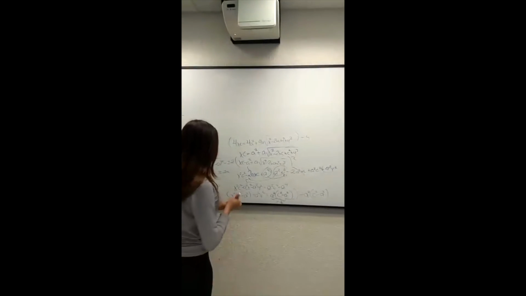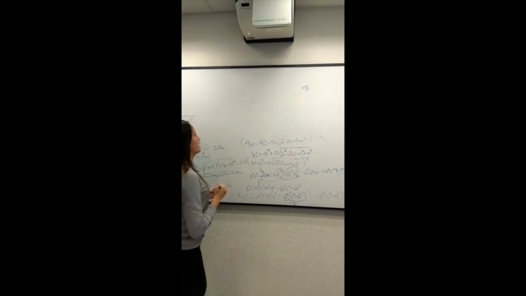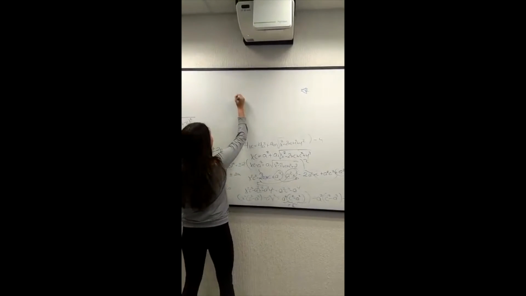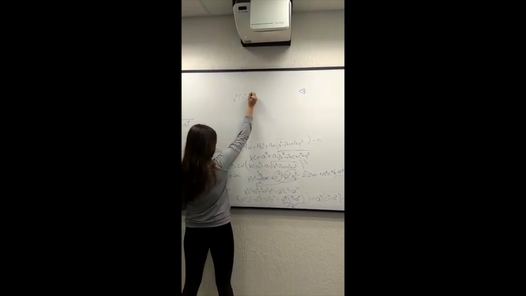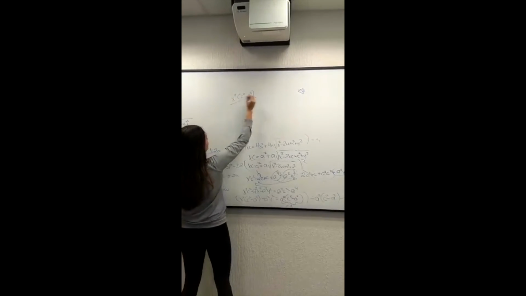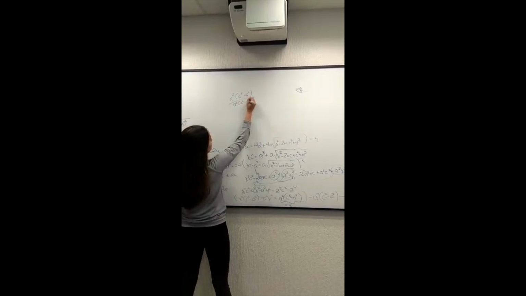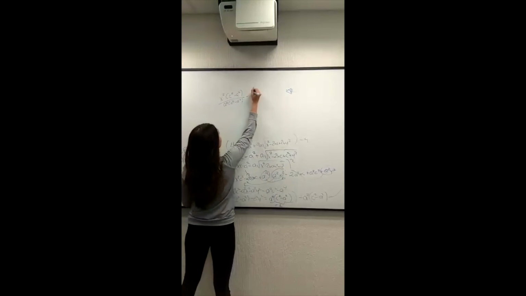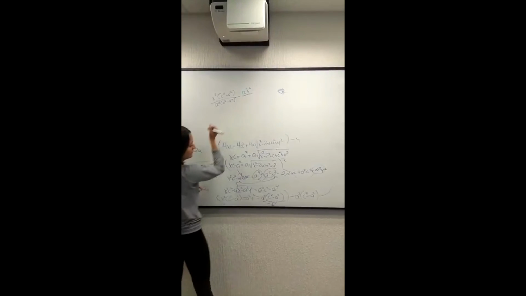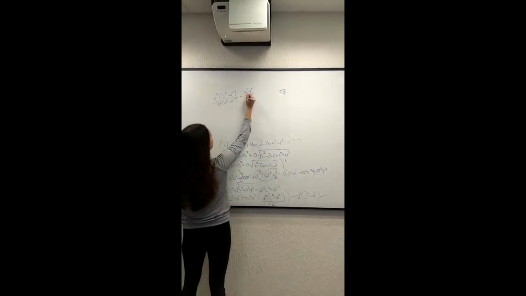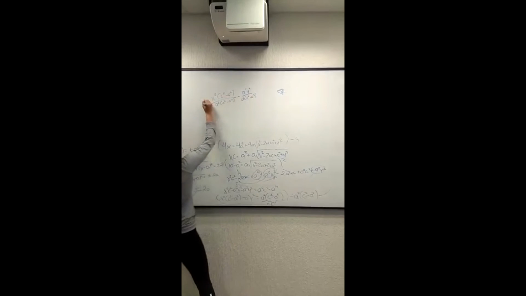So from this to here, we got x squared times (c squared minus a squared) divided by a squared, minus a squared y squared, divided by a squared times (c squared minus a squared).